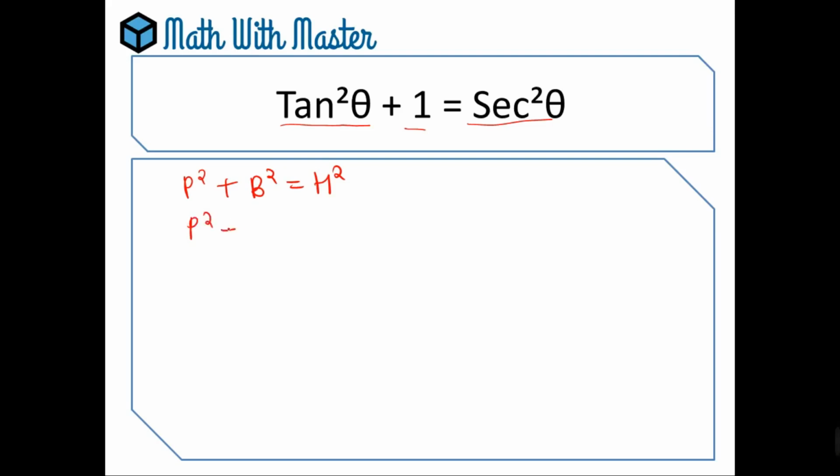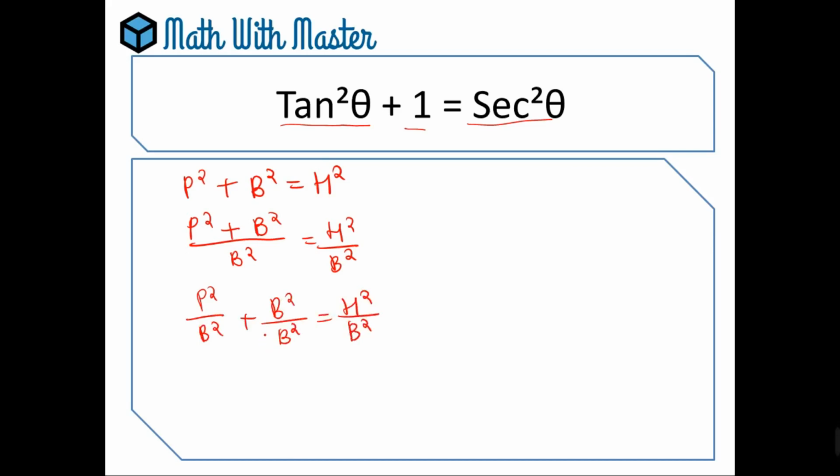So the equation becomes perpendicular squared plus base squared upon base squared equals hypotenuse squared upon base squared. Now we split the terms: perpendicular squared upon base squared plus base squared upon base squared equals hypotenuse squared upon base squared. Base squared cancels and the answer here is 1.